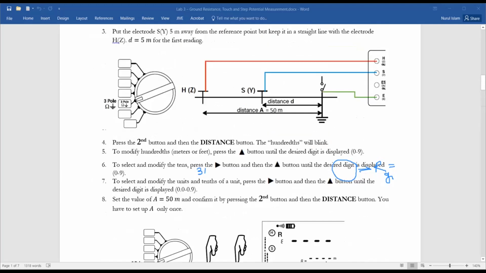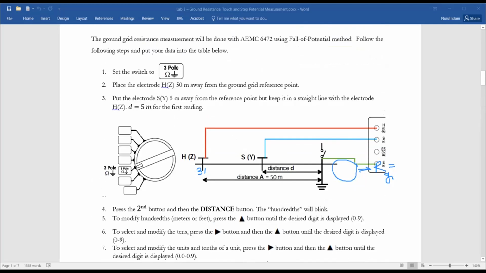Now see here, we are moving from this reference point. So this is the grounding grid. We are moving toward the auxiliary electrode through which we are injecting current.